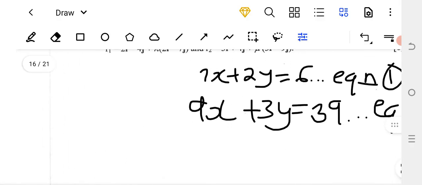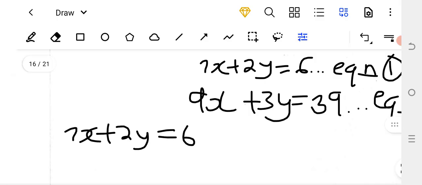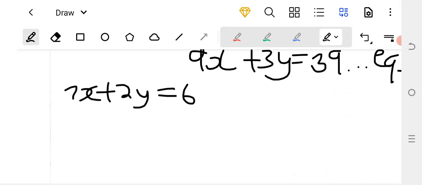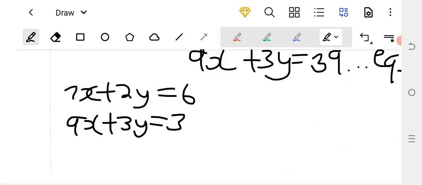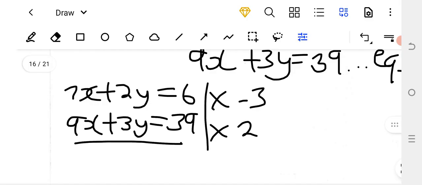So we solve the two simultaneously. So 7x plus 2y is equal to 6. 9x plus 3y is equal to 39. So here I'm going to multiply by a negative 3, here multiply by a positive 2.